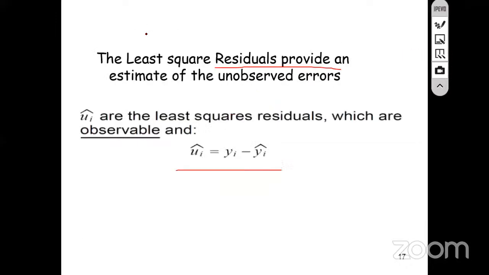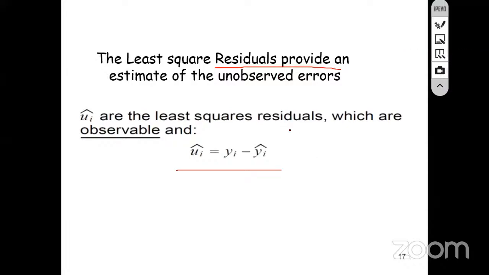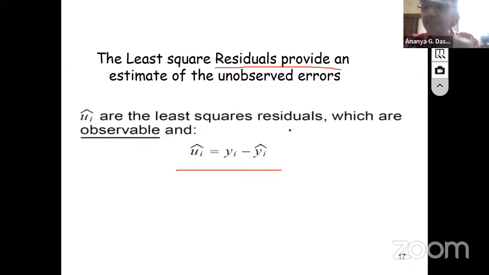Yes, please. I have a question. Myself, Sahifa. Ma'am, this explanation of this least square regression is almost similar to simple linear regression, because there also we have one dependent variable and one independent variable. This is simple linear regression, that's right.